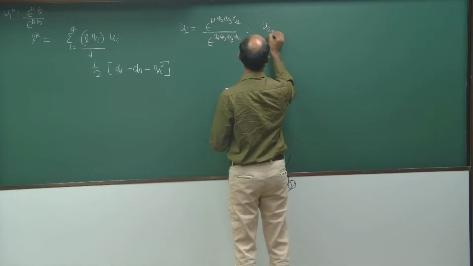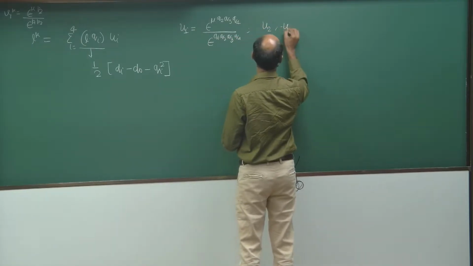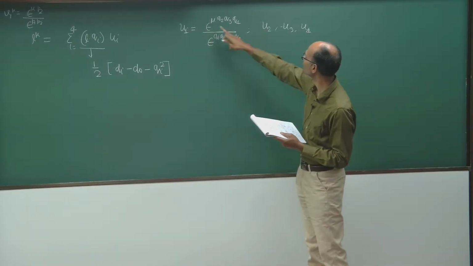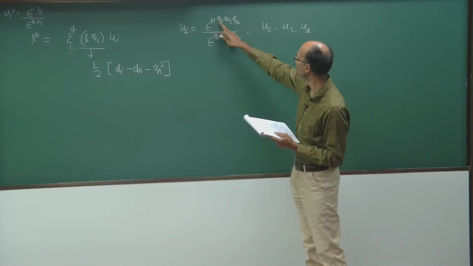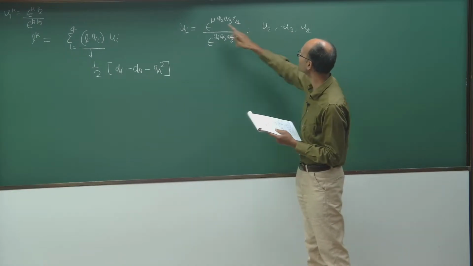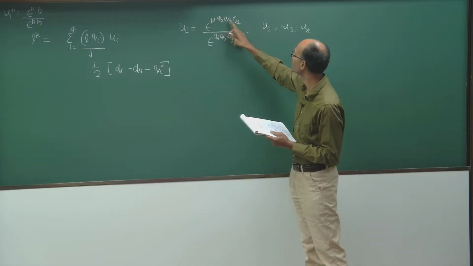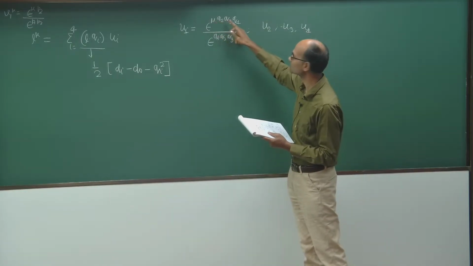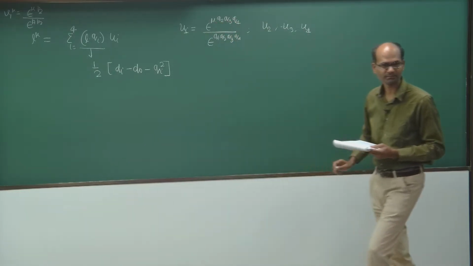Similarly, I would write u_2, u_3 and u_4. So, for example, u_2 would be epsilon(q_1, mu, q_3, q_4), denominator remains the same. u_3 would be epsilon(q_1, q_2, mu, q_4), denominator remains the same, and u_4 would be epsilon(q_1, q_2, q_3, mu). Okay.